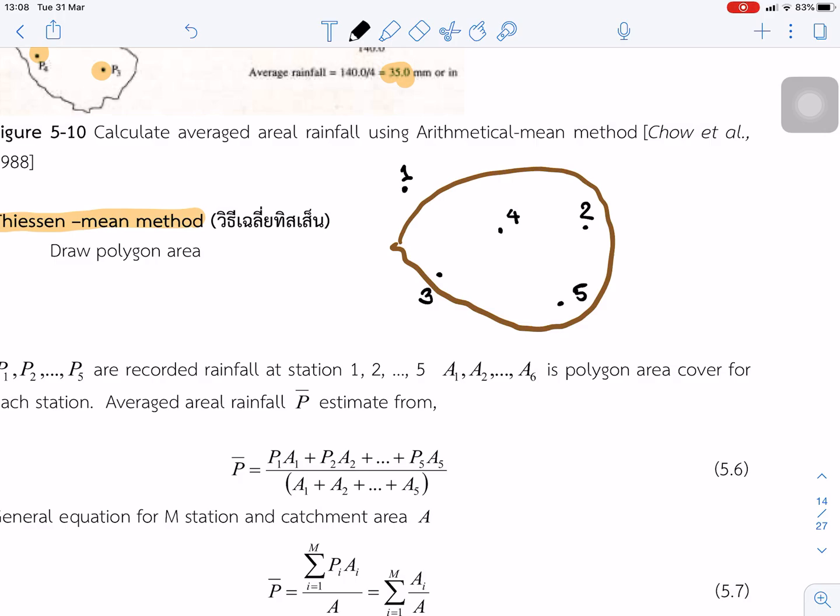So we have 5 stations of rainfall inside and outside the catchment area.